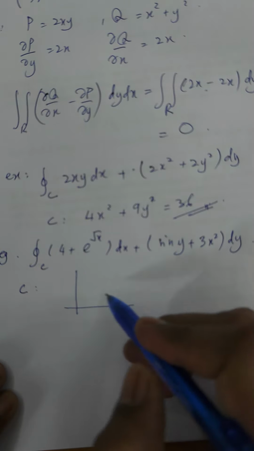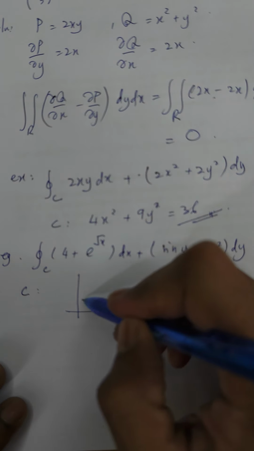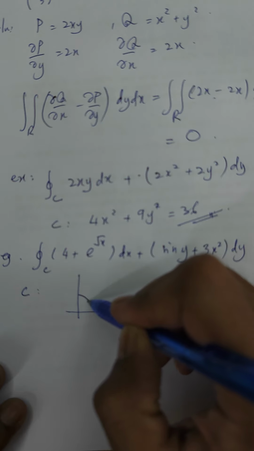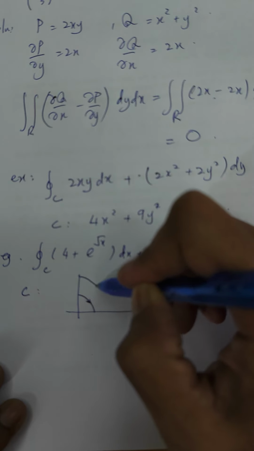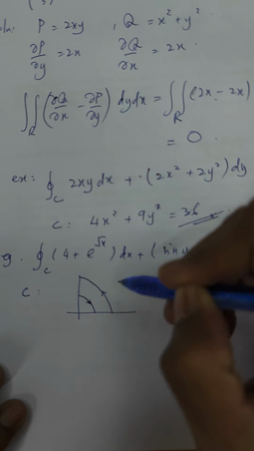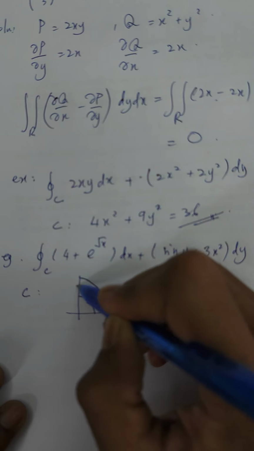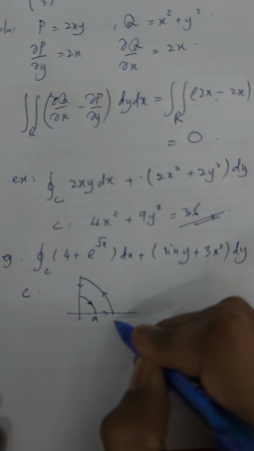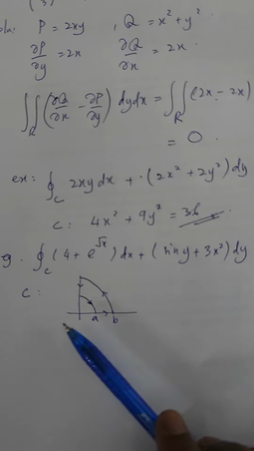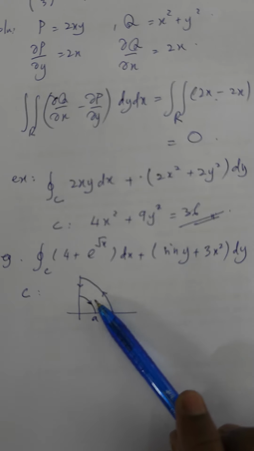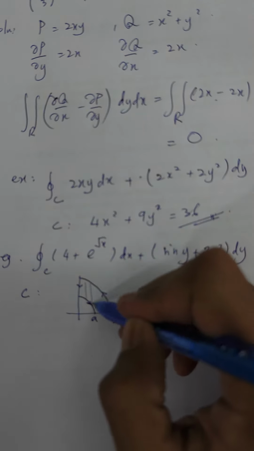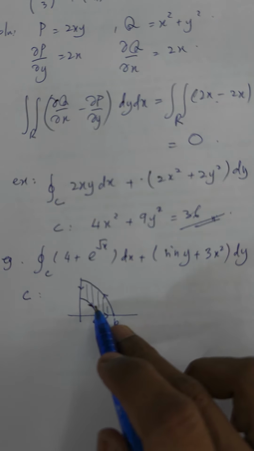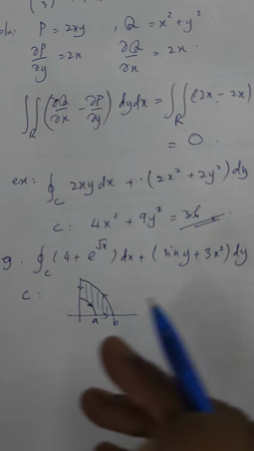This is our C, and this is A, this is B. So basically in the first quarter, this is our R. So our R is bounded by C, a quarter of the annulus.